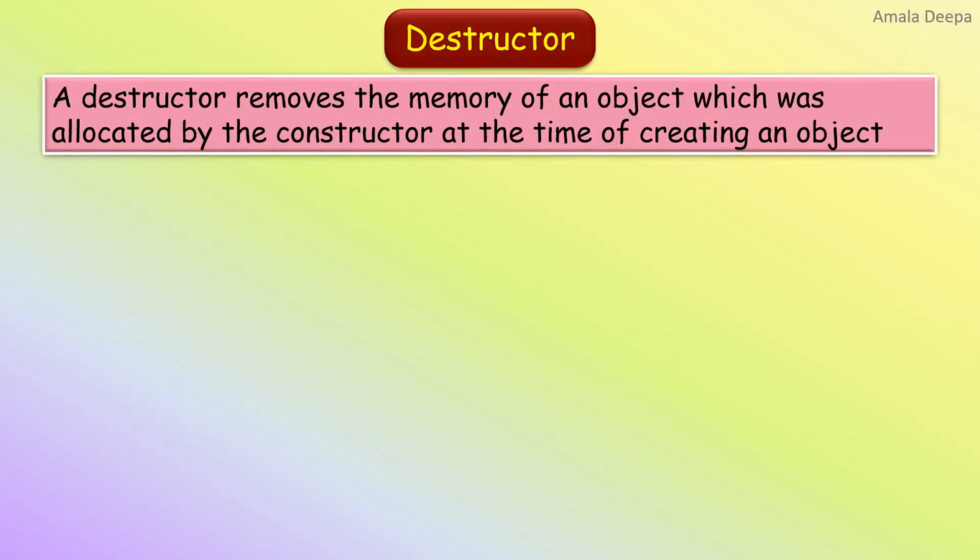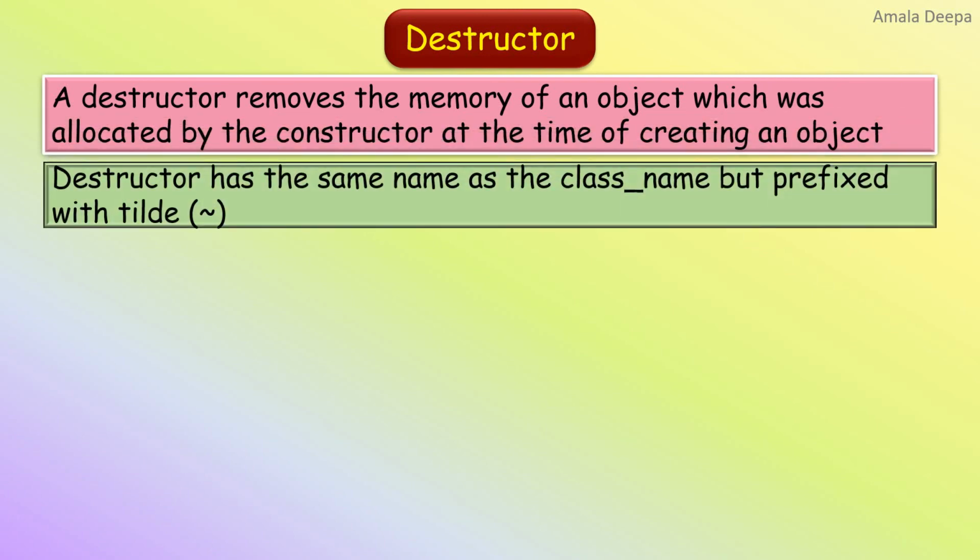Now let us see the points about destructor. A destructor removes the memory of an object which was allocated by the constructor at the time of creating an object. What are the characteristics of destructor? Destructor has the same name as the class name but prefixed with tilde character.